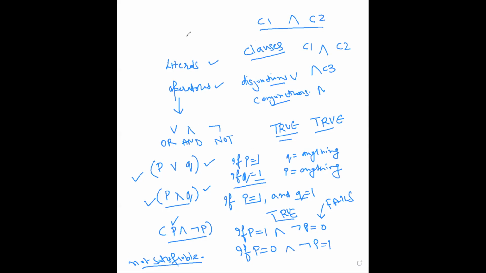So should I give you one more example for you to understand exactly what a conjunction is? Sorry, CNF. For example, if you have something like this: x1 or not x2, and here we have x2 or x1.